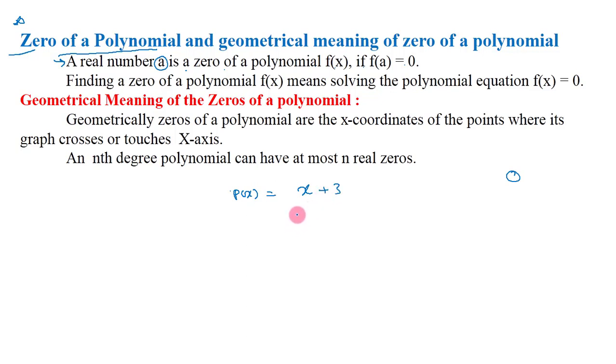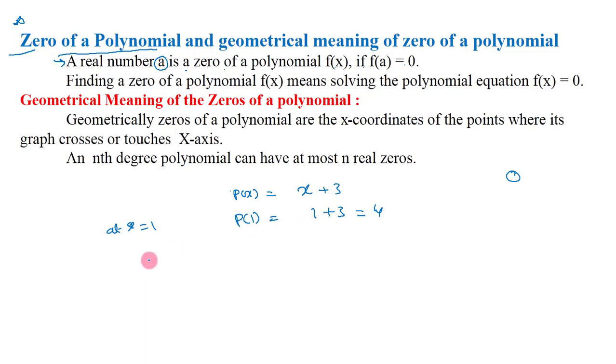If you take x is equal to 1, what is the value of p of x? That is p of 1, that is 1 plus 3, that is 4. Likewise, for what value of x does p of x become 0?